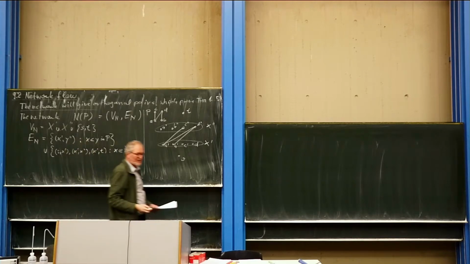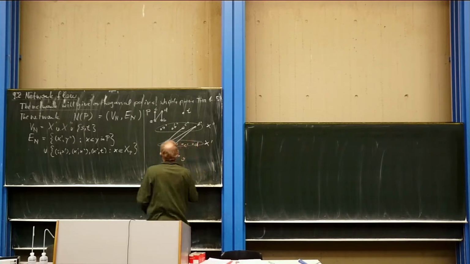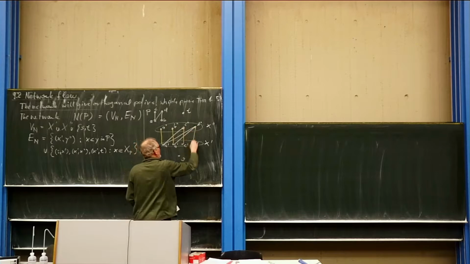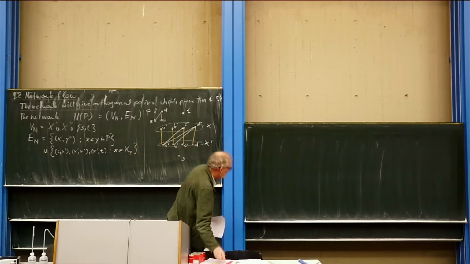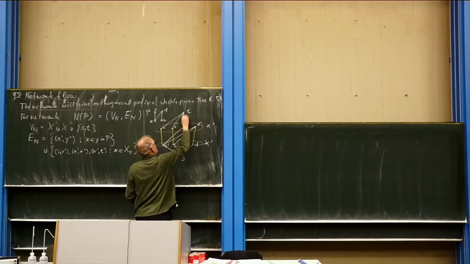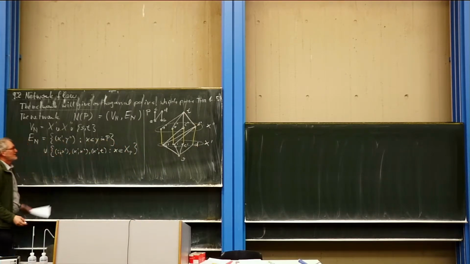So let me add them. So we have these verticals, and I'm going to add the other edges in white again. This is the network of this poset.